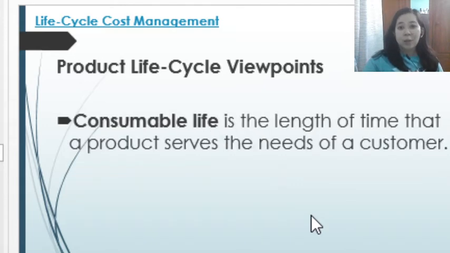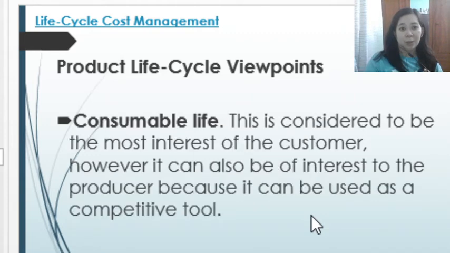What about consumable life? This term is the length of time that a product serves the needs of the customer. Once this product does not serve them anymore, that's the end of its consumable life on the part of the customers.